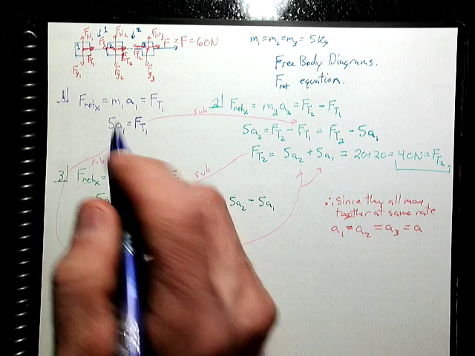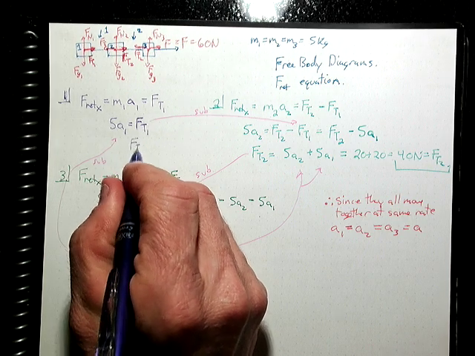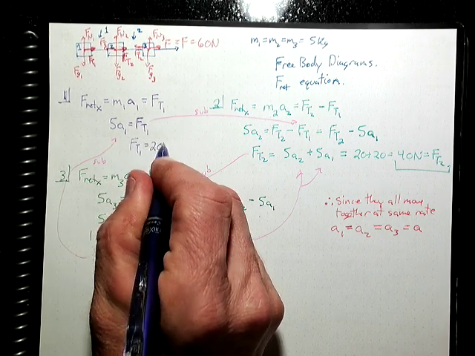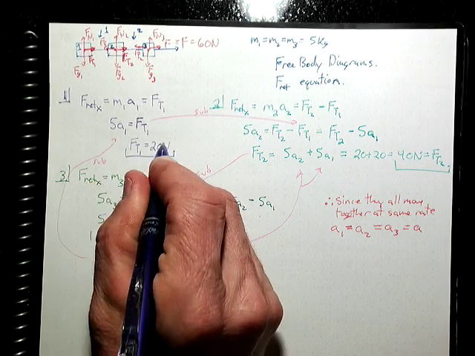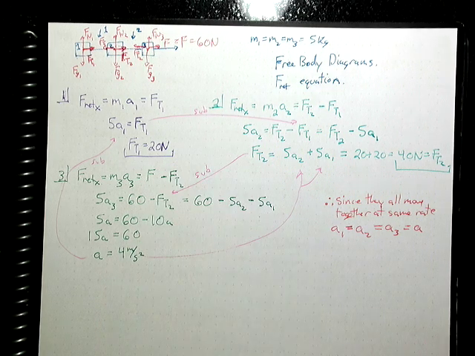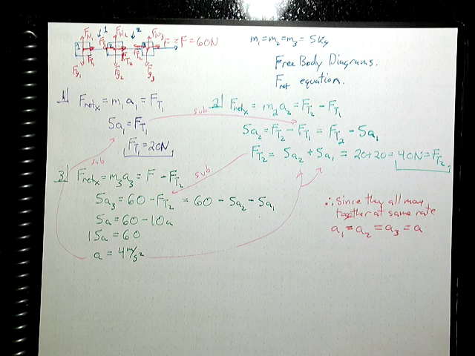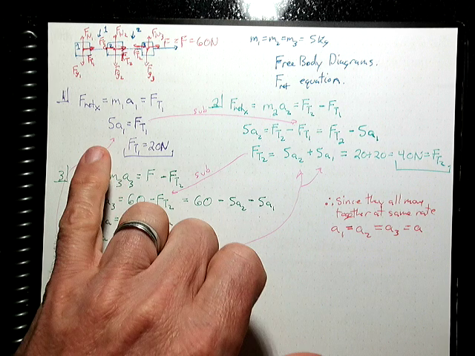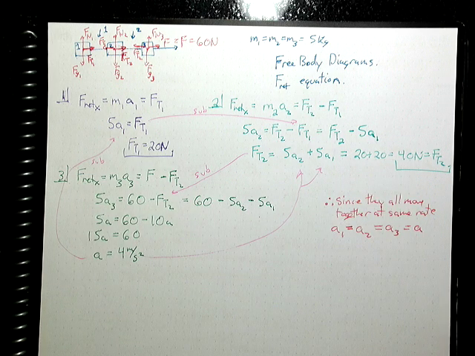And here I get that FT1 equals 20 newtons. Now, I understand that many of you got these two answers, but you made blanket statements saying, oh, it has to be this and it has to be this. My question is, why is that true?